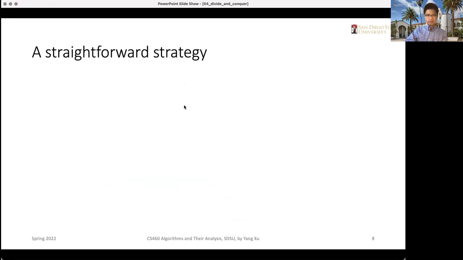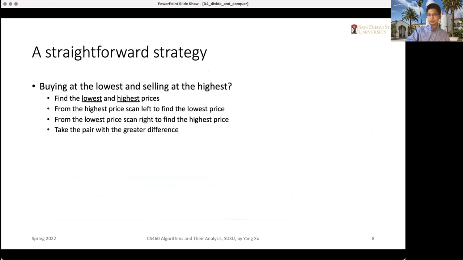And a pretty relevant problem. Okay, so let's think about whether there are some strategies we can rely on. One of the most typical thoughts is that we probably want to find the lowest point to buy and find the highest point to sell.